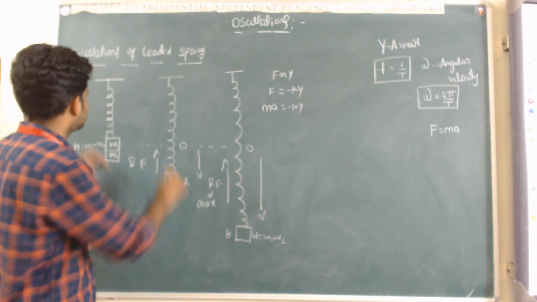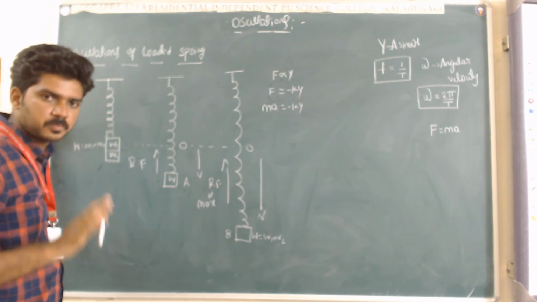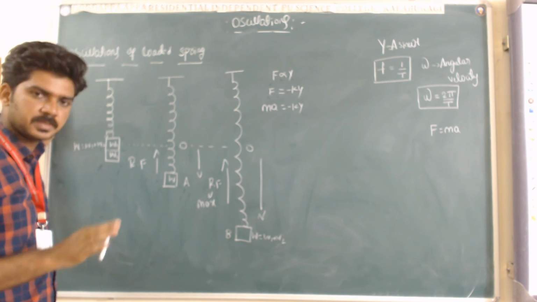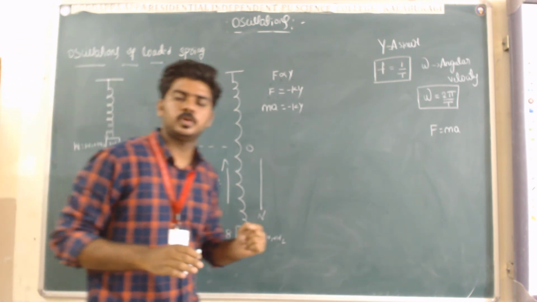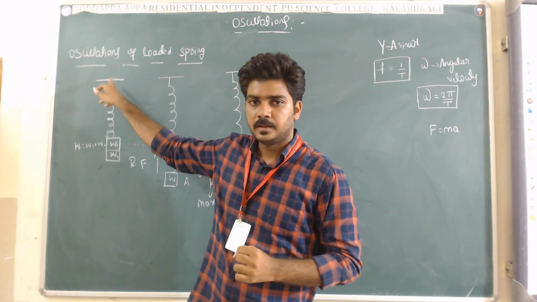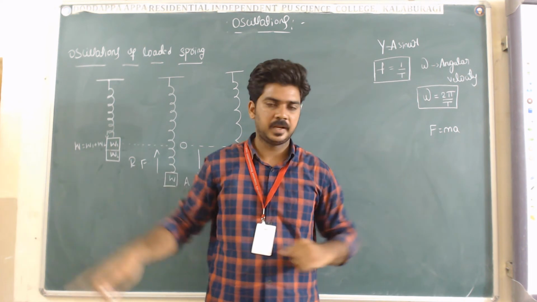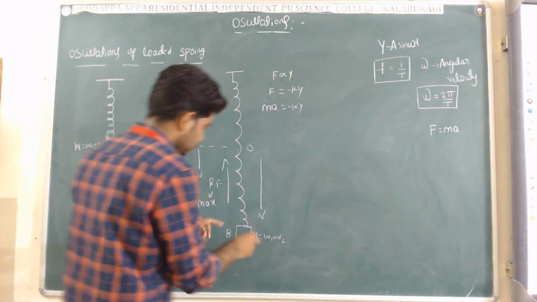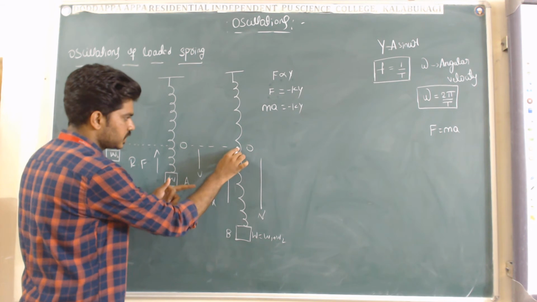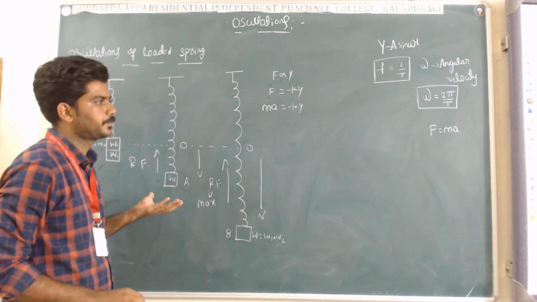One more thing is that here it is executing simple harmonic motion. What is simple harmonic motion? Simple harmonic motion is an oscillatory motion about a fixed point, where the restoring force depends upon displacement and is always directed towards the mean position. It is executing SHM.